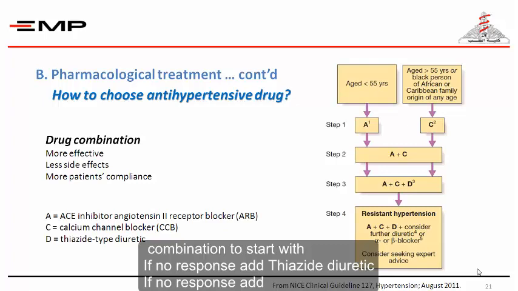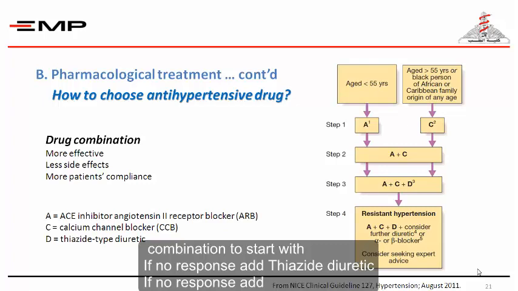Then, if not effective, we will go to step 2. We will combine ACE inhibitors with calcium channel blockers. If still not effective, we will go for step 3. We will add thiazide type diuretics. If still not effective and the blood pressure is still above the target, as we said before, this is called resistant hypertension.